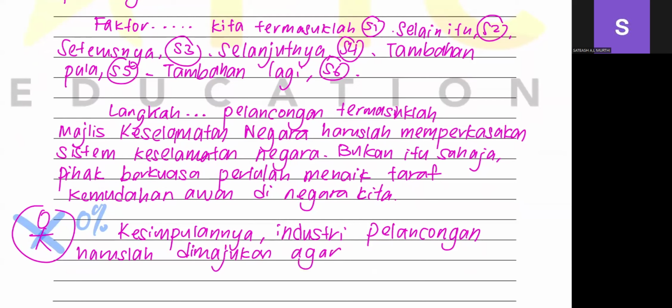So what are the good things to happen? Watak is like your characters. For example, kita, masyarakat, pihak kerajaan, all this, don't mention. Because if you mention watak, then you get 0 marks. Then why do you need to improve your tourism industry? If our tourism industry becomes better, so what are the good things?